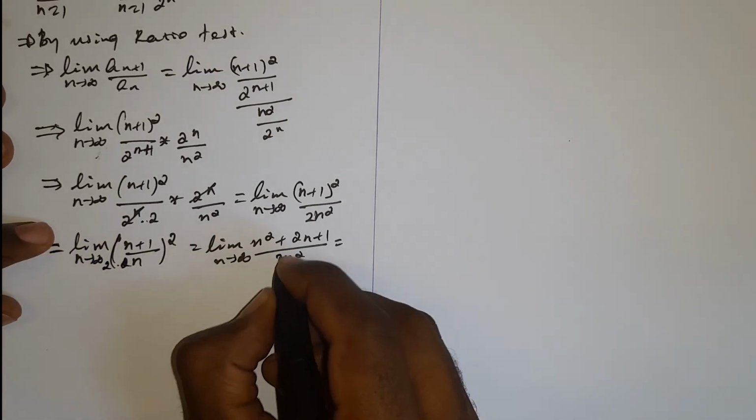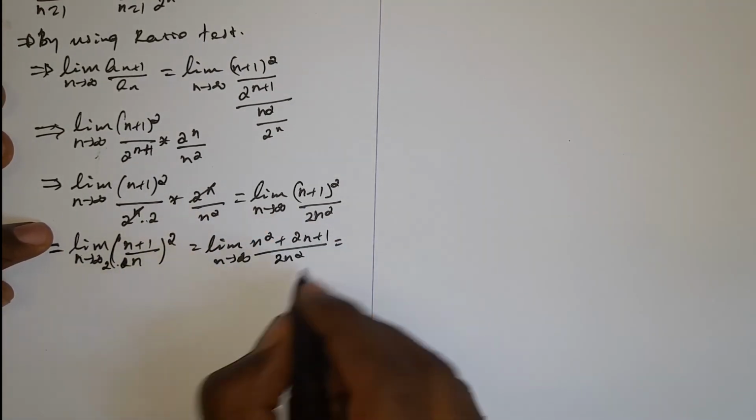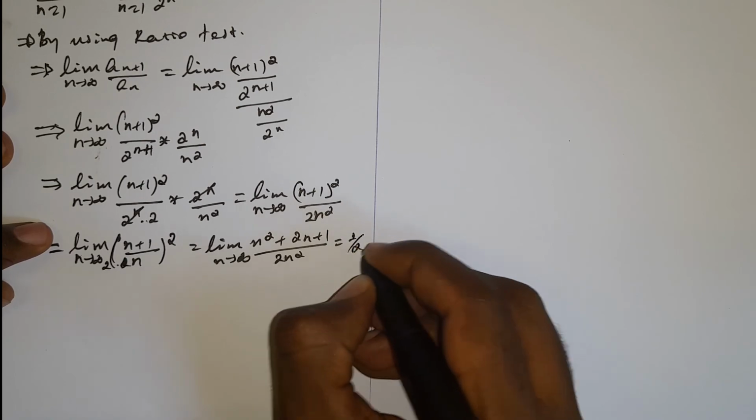So the limit of this function becomes 1 over 2.